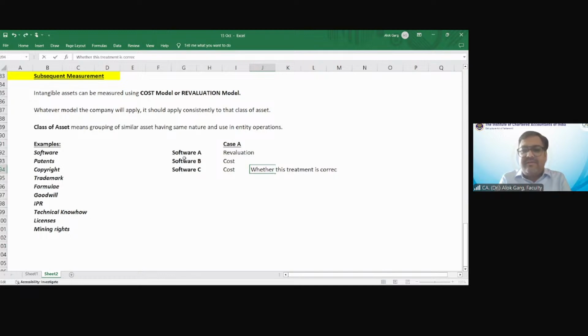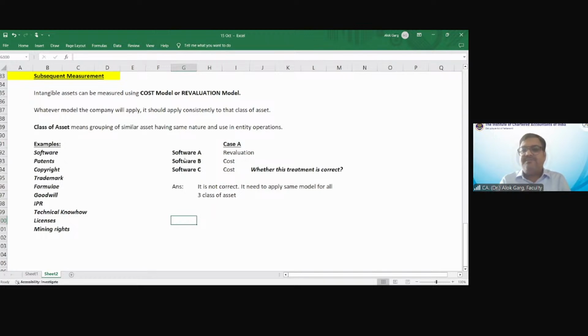For a particular class of asset, the company has to apply the same model for all the assets in that particular class. So it is not correct. It needs to apply the same model for all three software.